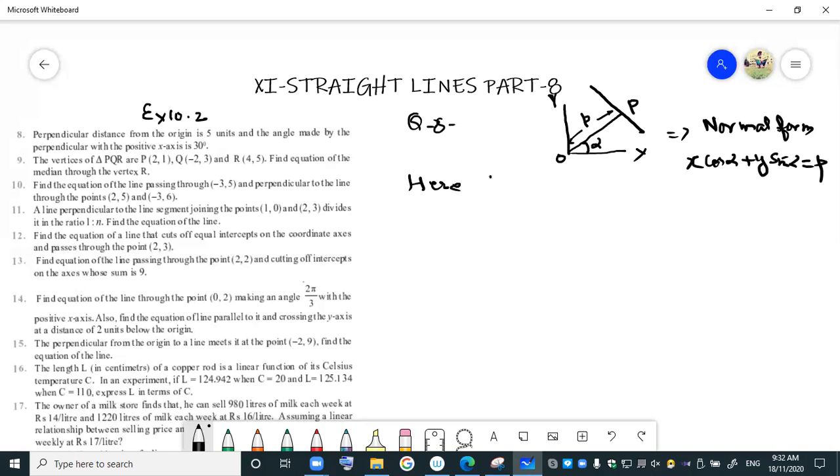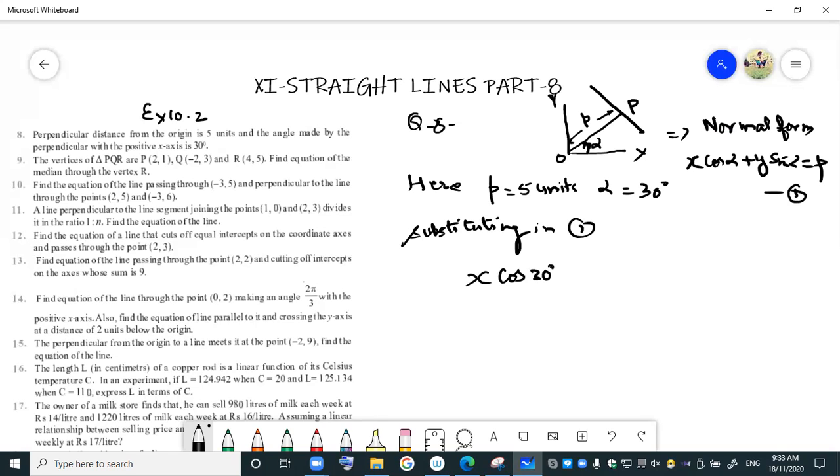So here p is 5 units, the length of the perpendicular, and the angle which the line makes with the positive direction, alpha, is 30 degrees. Substituting in equation number 1, we get x cos 30 degrees plus y sin 30 degrees is equal to 5.